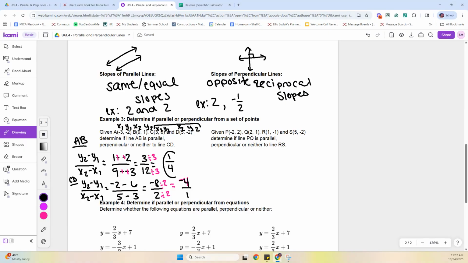Now, when I compare 1/4 and -4 over 1, I see that they are not the same, so it's not going to be parallel. For perpendicular, they have to be opposite reciprocals of each other. They are opposite: one's positive, one's negative, and they actually are reciprocals. 1/4 and 4 over 1 are flipped versions of each other. So we have opposite reciprocals here, and because we have opposite reciprocals, that means they are perpendicular.